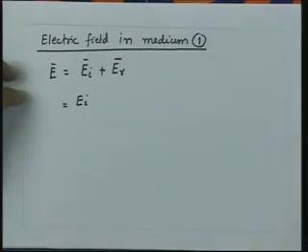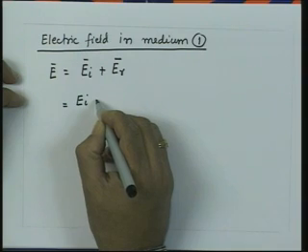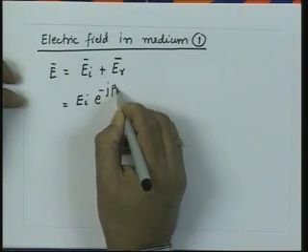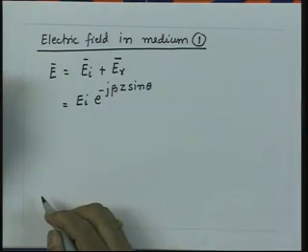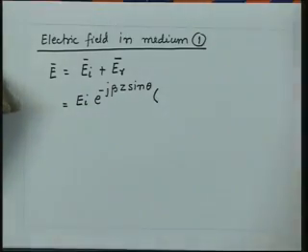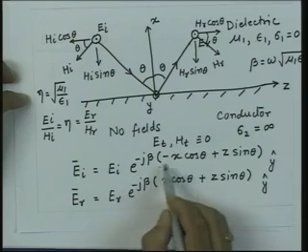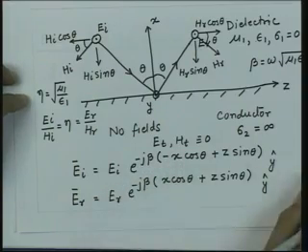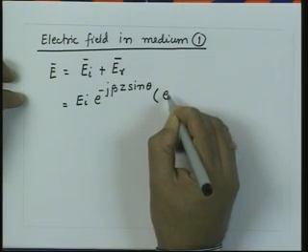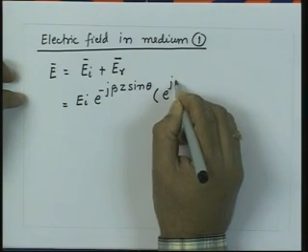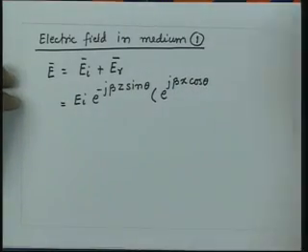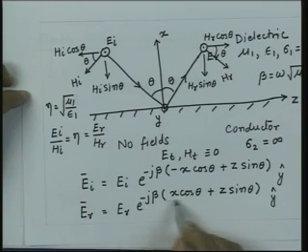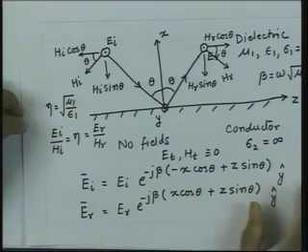So, I can take it common, get EI e to the power minus j beta z sin theta, then for this wave what we have is e to the power plus j beta x cos theta, and for the reflected wave this will be e to the power minus j beta x cos theta, and ER is equal to minus EI.